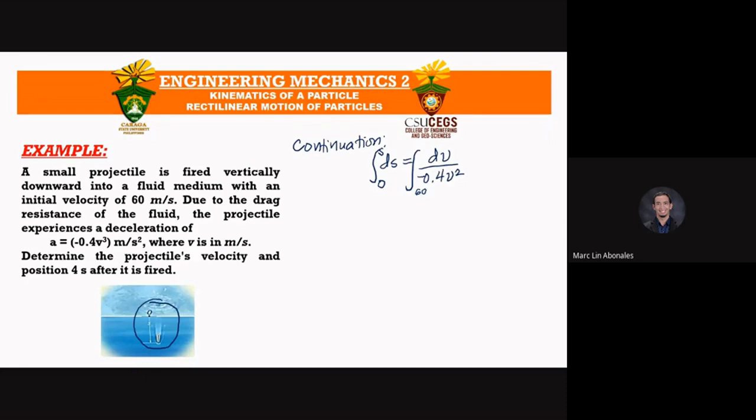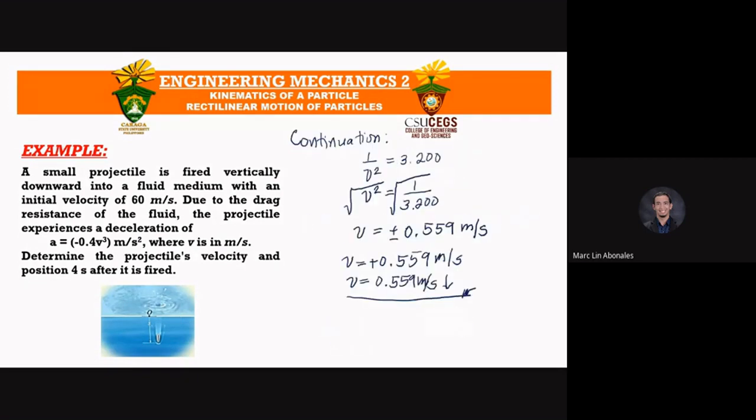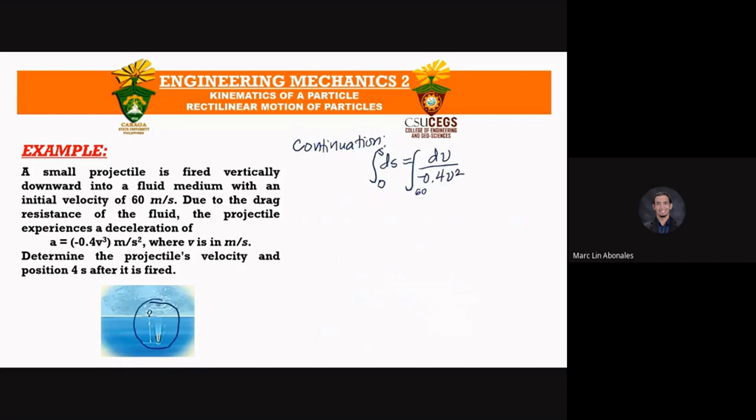We solved the velocity for time equal to 4 seconds. So the final velocity when time is equal to 4 seconds is 0.559. Is that right? I will just check. Yeah, 0.559.